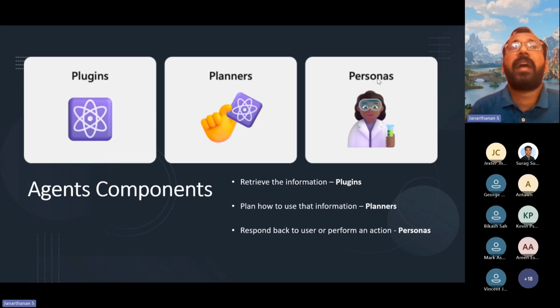If I'm creating a travel agent, then I'll be creating a travel-related persona. If I create a finance agent, then the persona will be created related to finance use cases. So based upon the various types of use cases, you will be able to create your own personas.